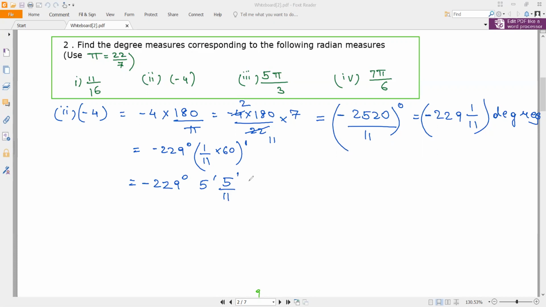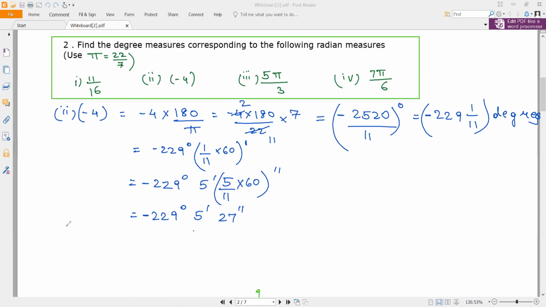This minutes part can further be written in seconds by multiplying by 60 again. This is minus 229 degrees, 5 minutes and approximately 27 seconds after calculation.